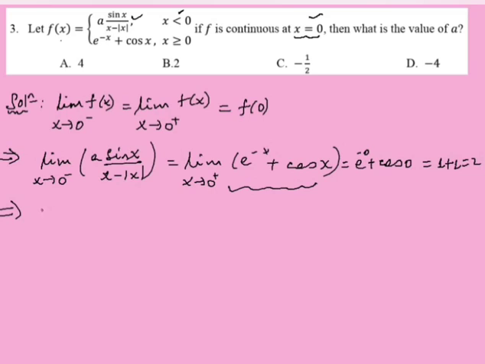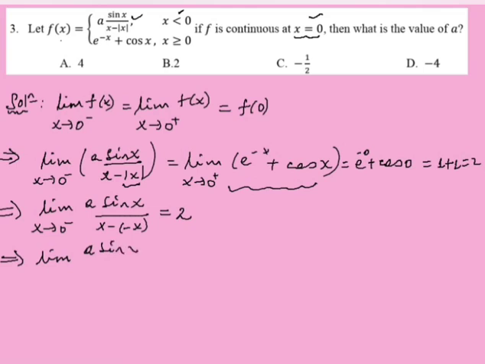So this implies the limit of a times sine x over x minus absolute value of x, for x less than 0, for x approaching from the left of 0, we consider absolute value of x as the negative of x. As x approaches 0 from the left, this must be the same as 2. So this again in turn gives us the limit of a times sine x over x plus x, which is 2x, as x approaches 0 from the left.